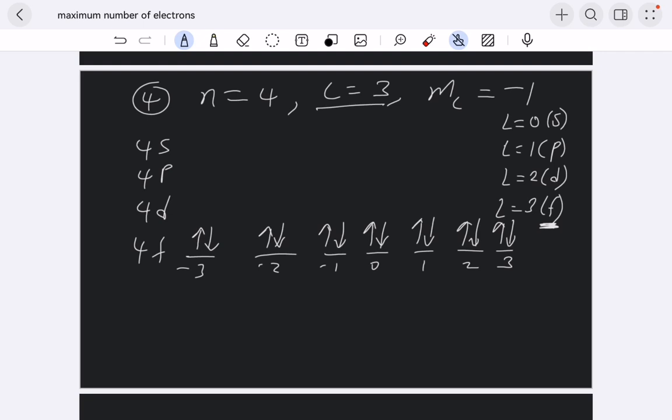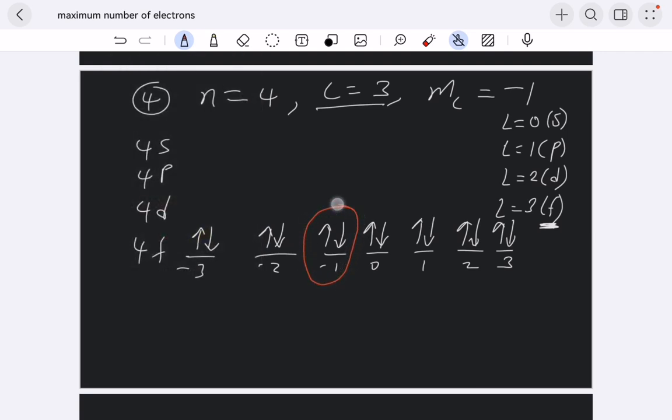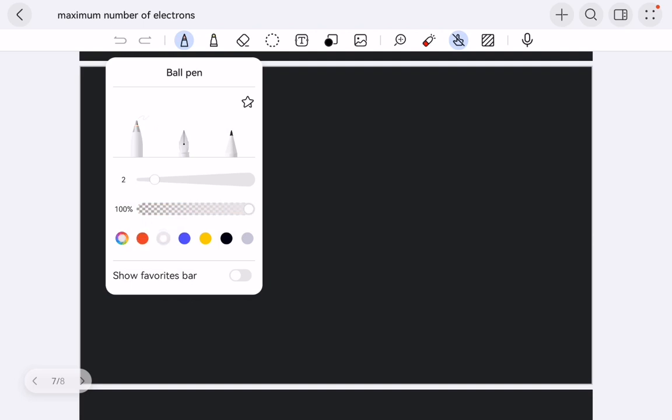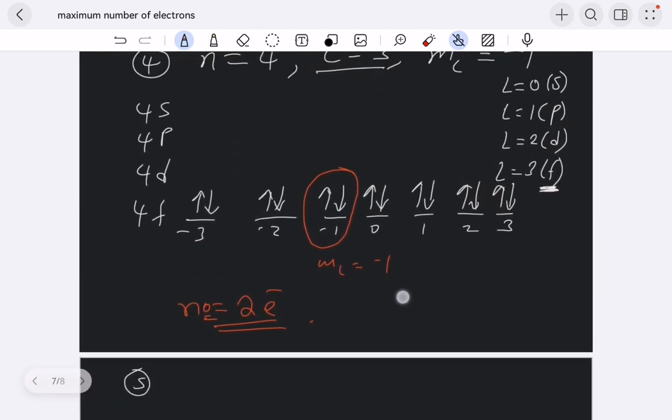We realize that it's only this part, that is when the ML is equal to -1. So it's only 2 electrons. That's the number of electrons that will satisfy this condition.